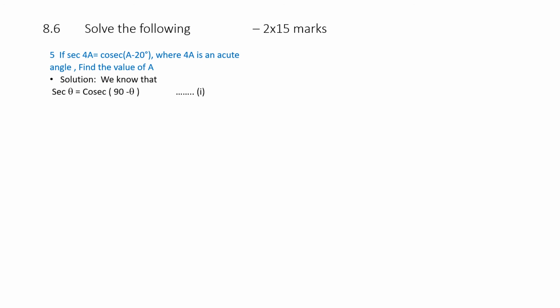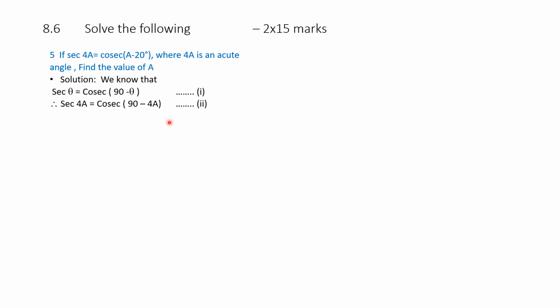We know that left hand side is secant theta, right hand side is cosecant theta. Therefore, we have to write secant theta in terms of its complementary angle. Therefore, secant theta is equal to cosecant of 90 minus theta. Let it be equation 1.